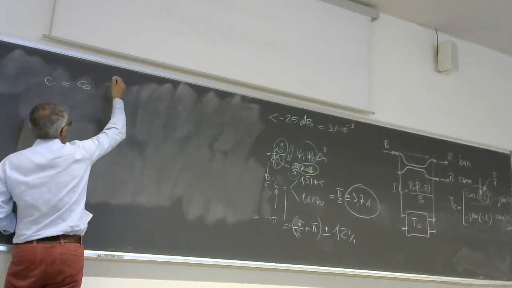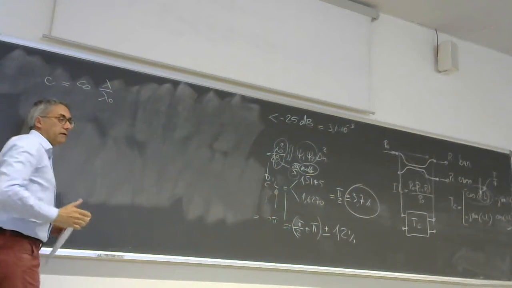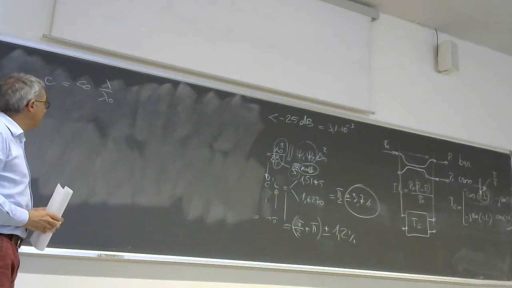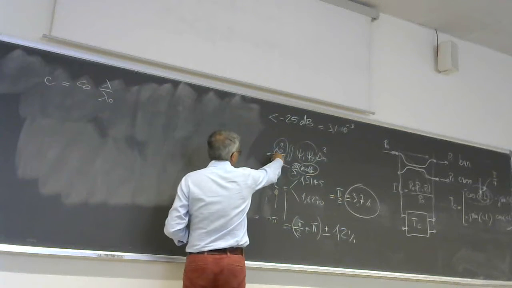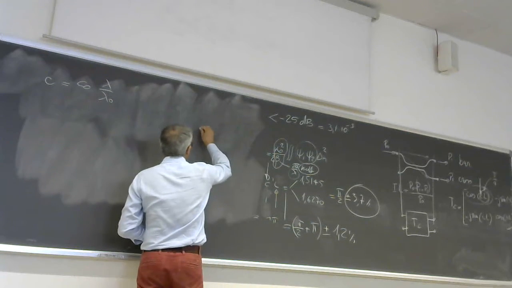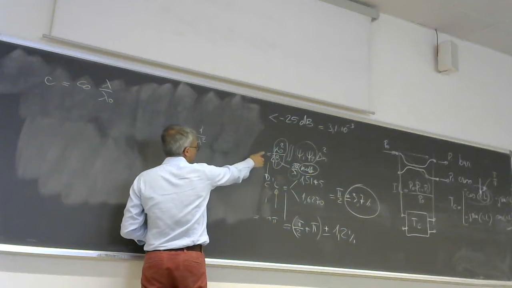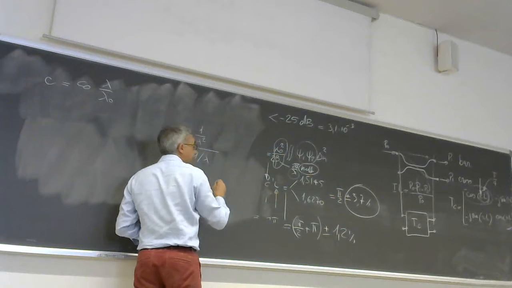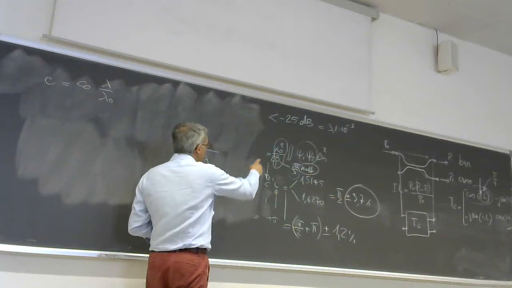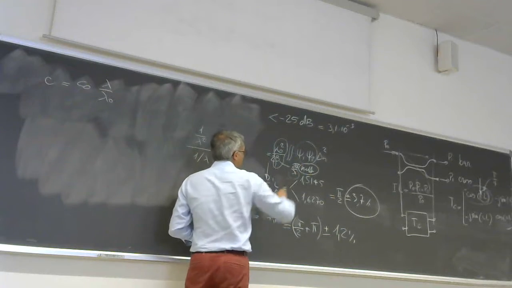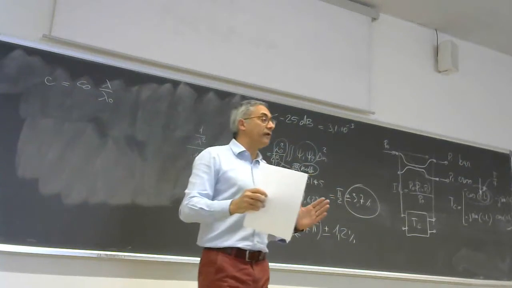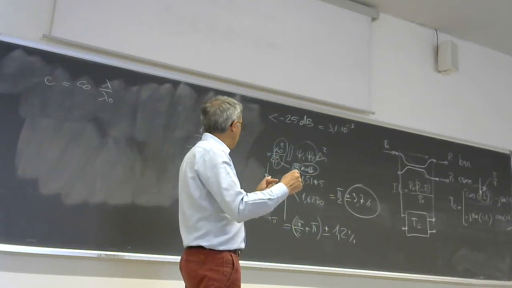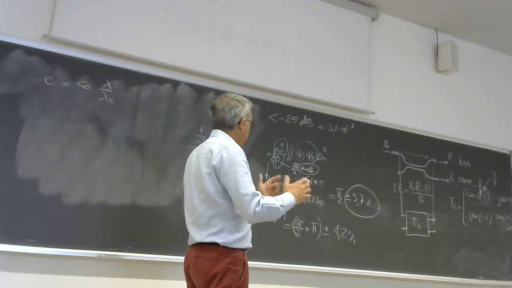So you can write, for example, this. You can assume this behavior. We have here K0, 1 over lambda squared, divided by beta, that is 1 over lambda. Then you have the integral. The shape of the mode depends on the wavelength, and there is a product, so to the square.